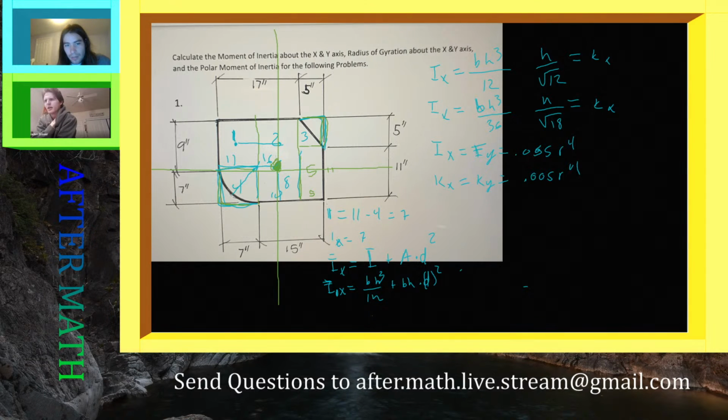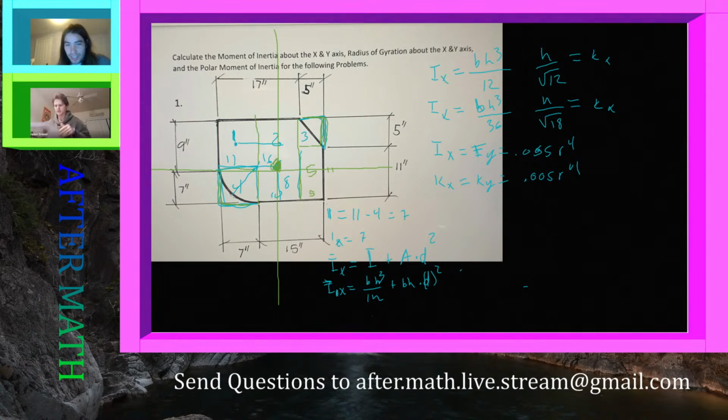And then from there, as far as the radius of gyration goes, that one I'm not as sure about. So I'm not sure how far we want to go.